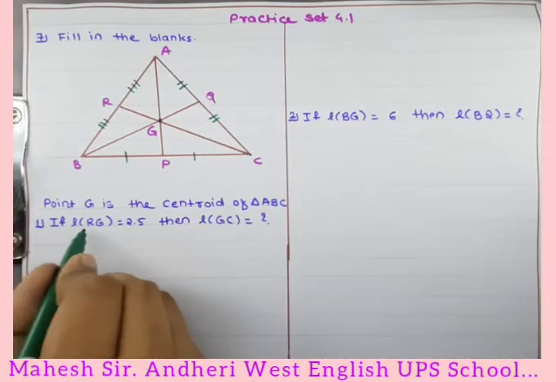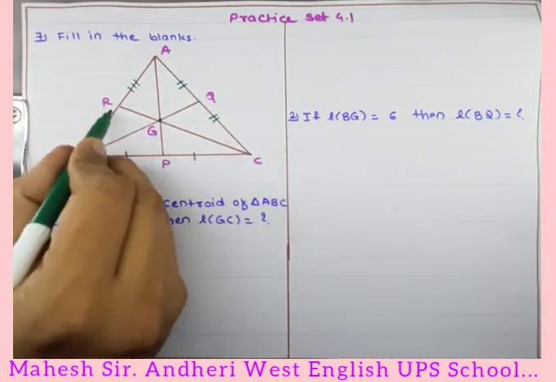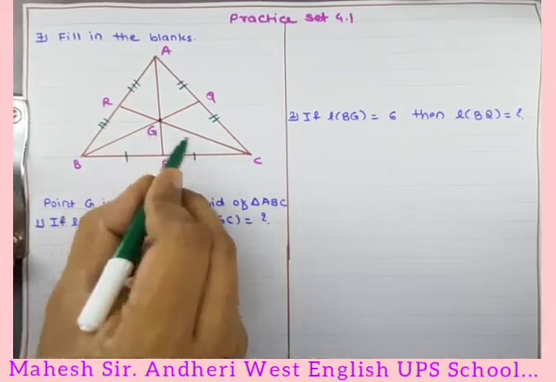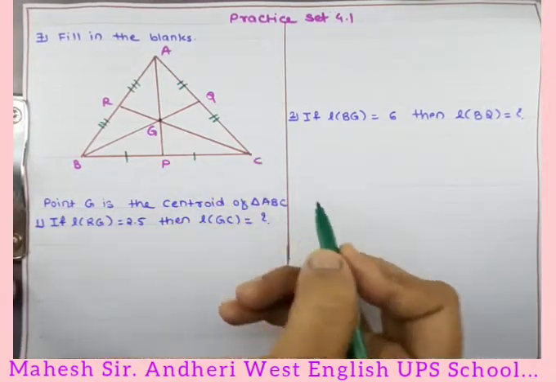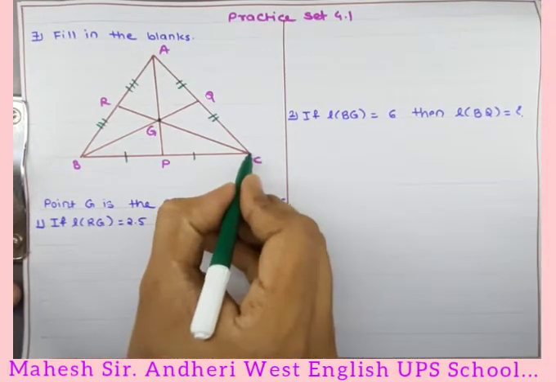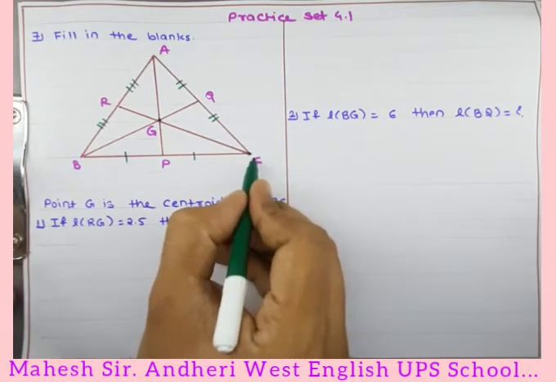So we have to consider this point R, here RG and GC. But we know we have to count from C, that is 2:1. So we will count from point G, C.